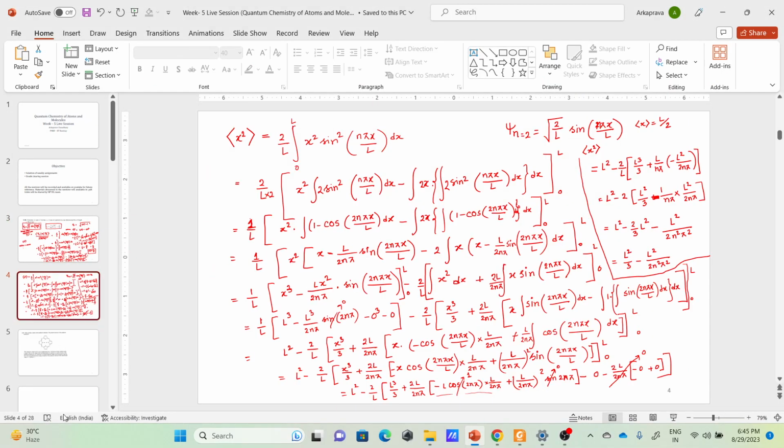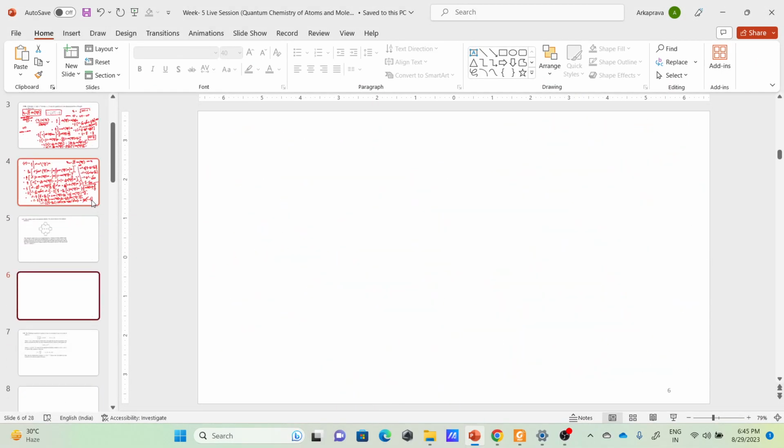X is L by 2 and I just moved one blank slide here. So I'll just write what we got. We got x as L by 2 and x square as L square by 3 minus L square by 2n square pi square, right?